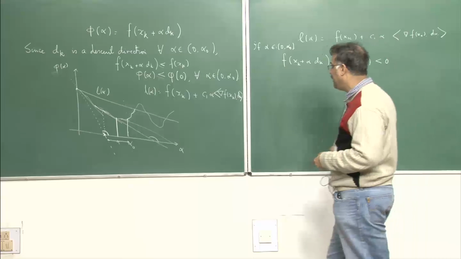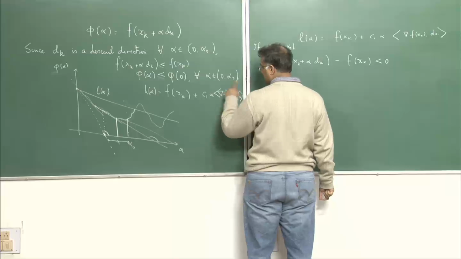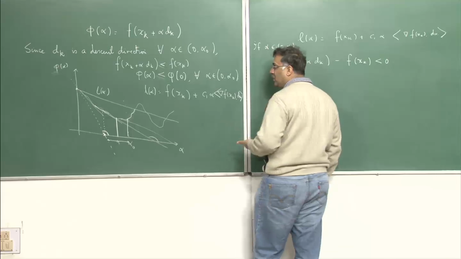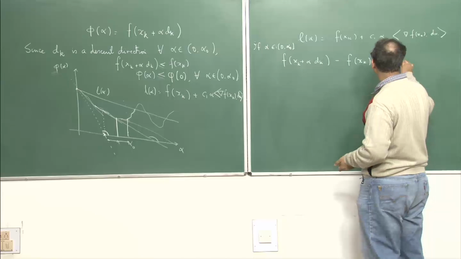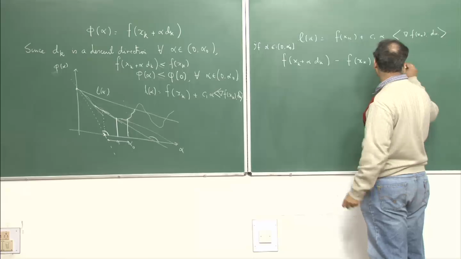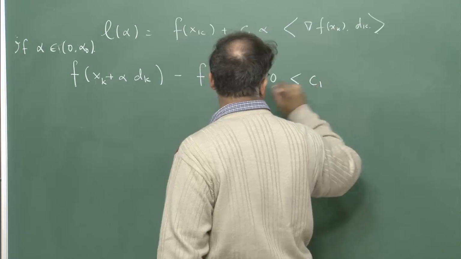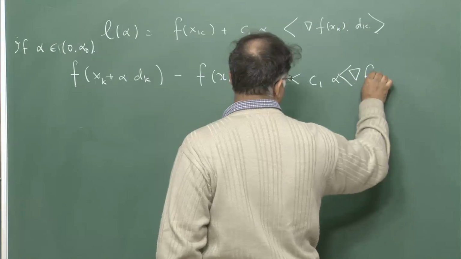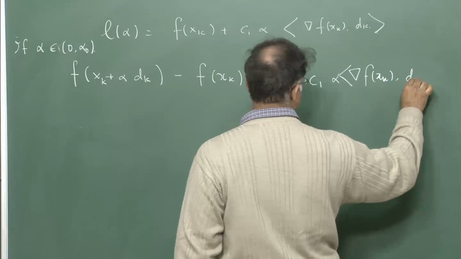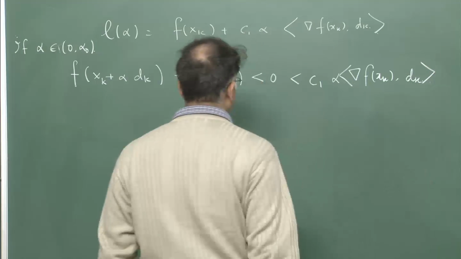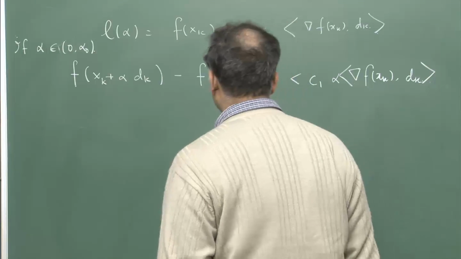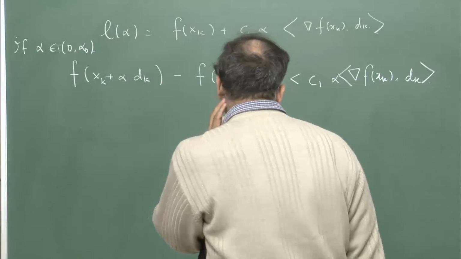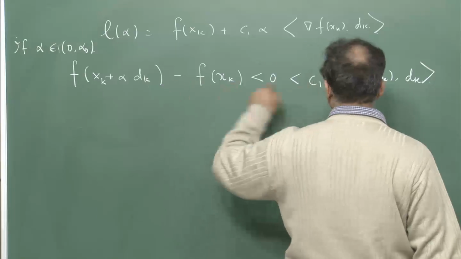Now I can multiply this grad f by this alpha part and multiply by a chosen c1 between 0 and 1, so that this number can be made less than c1 into this. We can always choose c1 like this, because this is approximately this value.